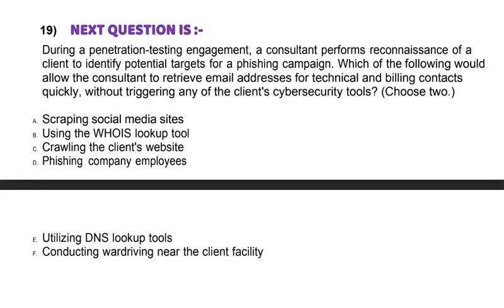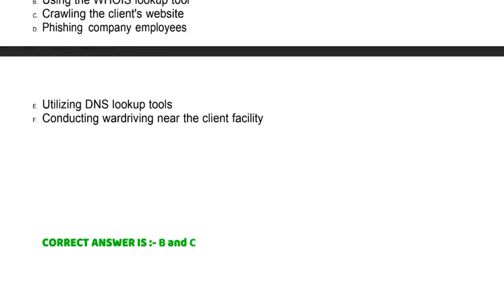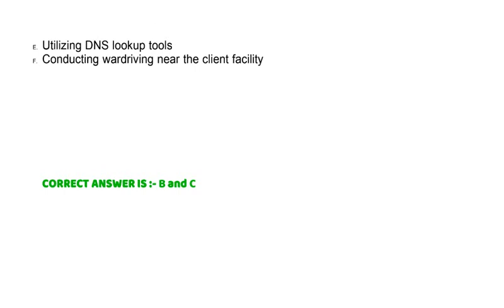Option B, using the WHOIS lookup tool. Option C, crawling the client's website. Option D, phishing company employees. Option E, utilizing DNS lookup tools. Option F, conducting war driving near the client facility. Correct answer is option B and option C.